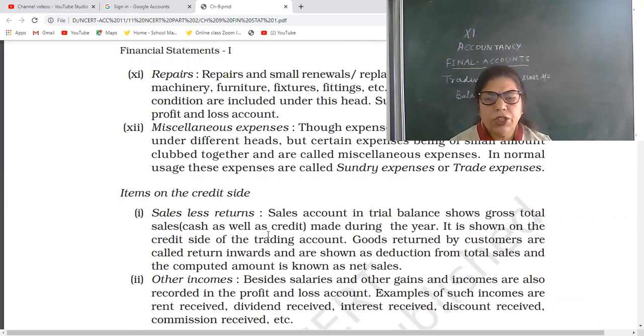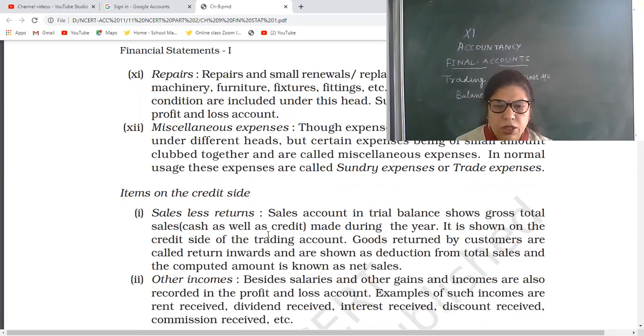It is shown on the credit side of the trading account, and goods returned by the customers are known as return inward, and return inward is also known as sales return. It is to be deducted from total sales, and the computed amount is known as net sales.